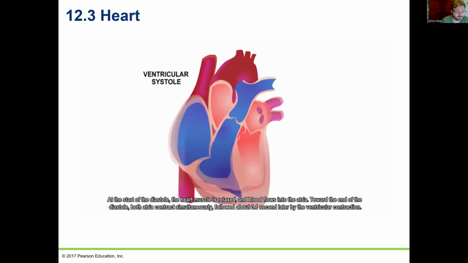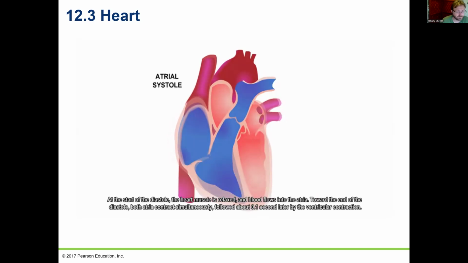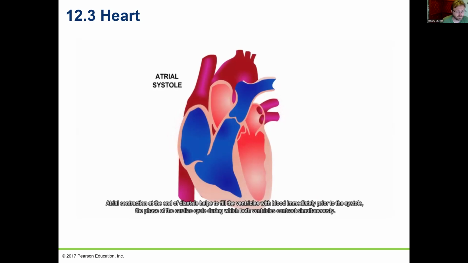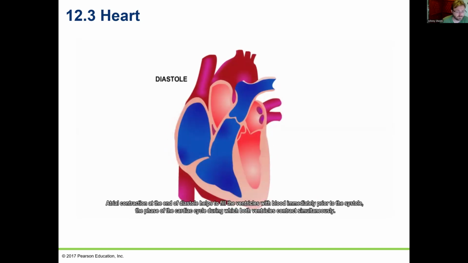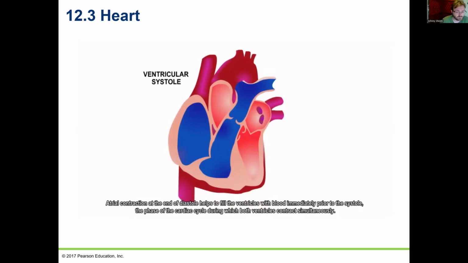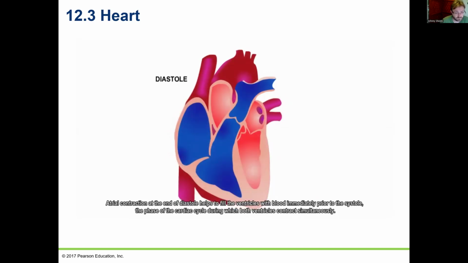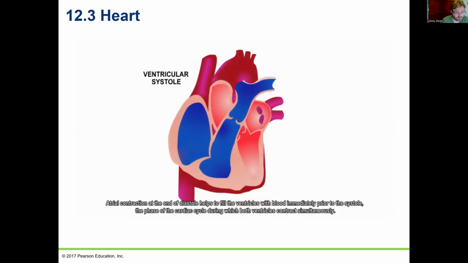Toward the end of diastole, both atria contract simultaneously, followed about a tenth of a second later by the ventricular contraction. Atrial contraction at the end of diastole helps to fill the ventricles with blood immediately prior to the systole, the phase of the cardiac cycle during which both ventricles contract simultaneously.